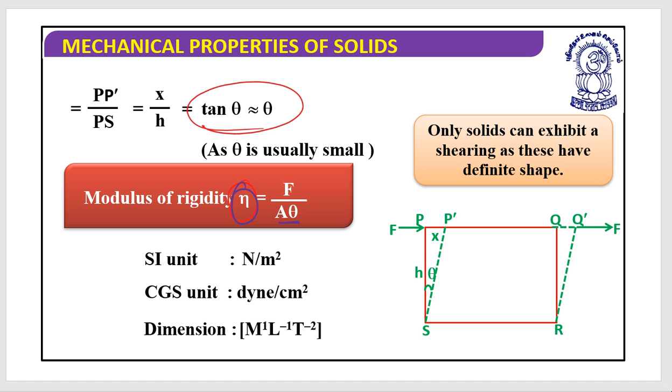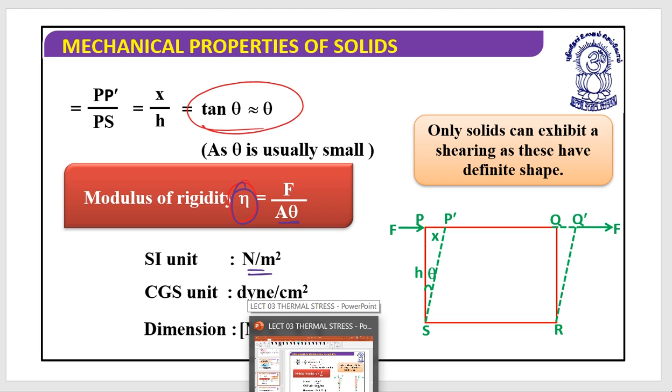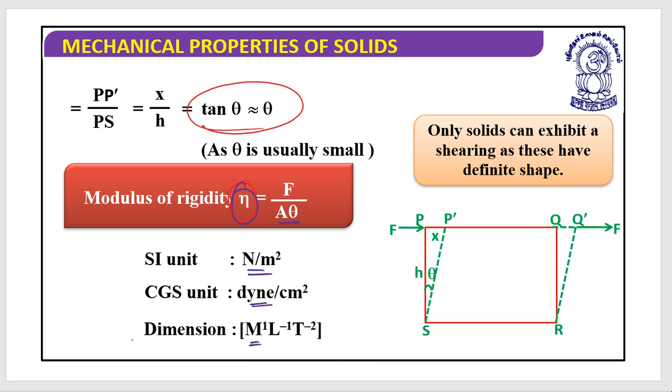The SI unit of this is Newton per meter square, while CGS is dyne per centimeter square, and the dimensions are M1 L minus 1 T minus 2. I hope this is clear. Is it clear?